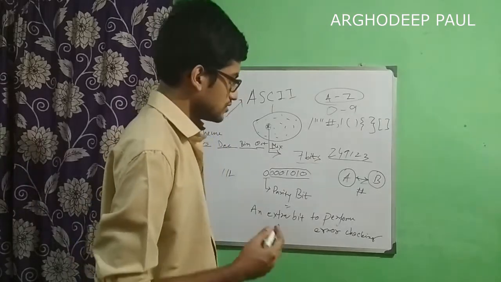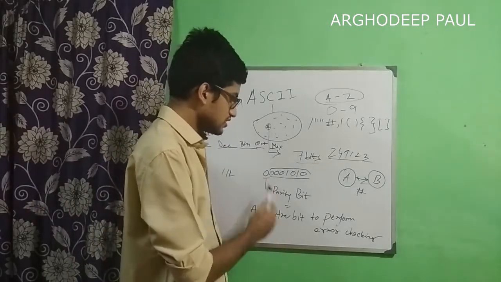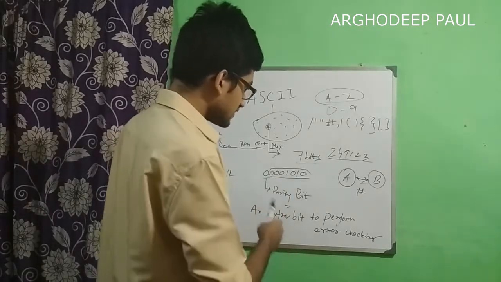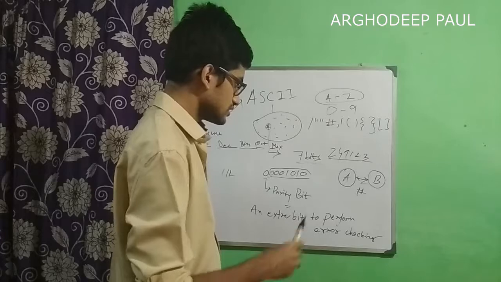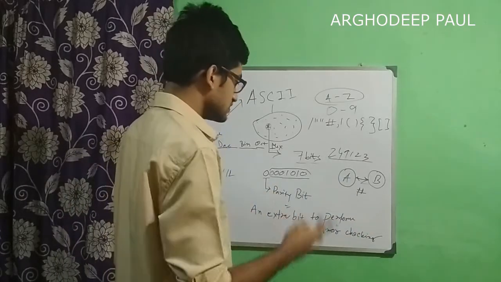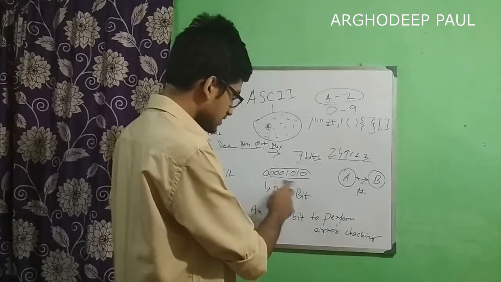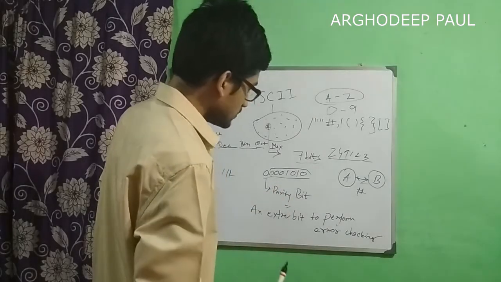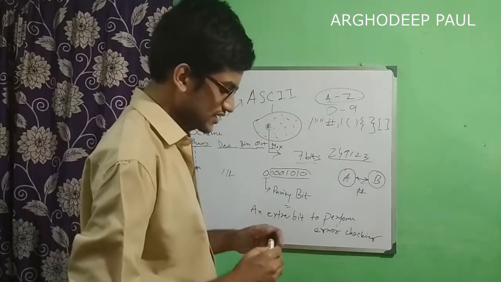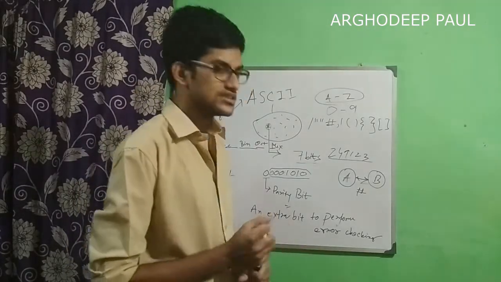So this parity bit, this 0, is used before the series to make sure there is no digit loss. There is some mechanism at the end receiving the data that will make use of this parity bit to make sure there is no digit loss in the 7 bits.